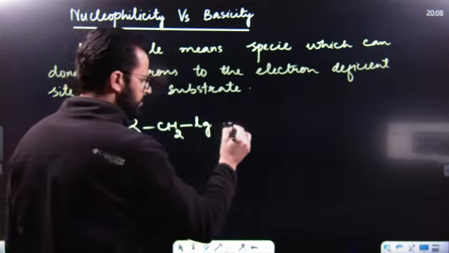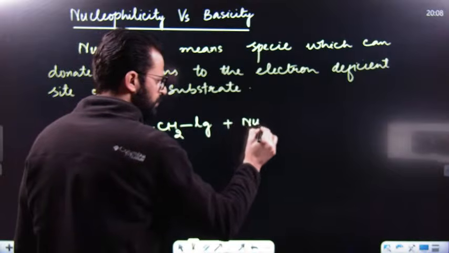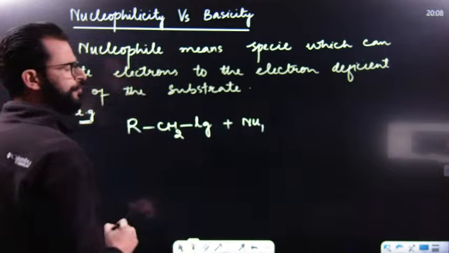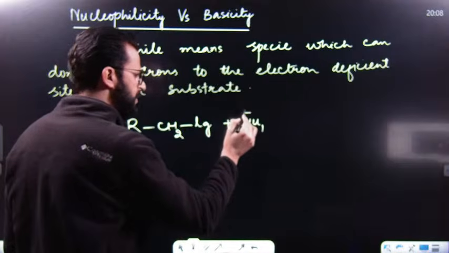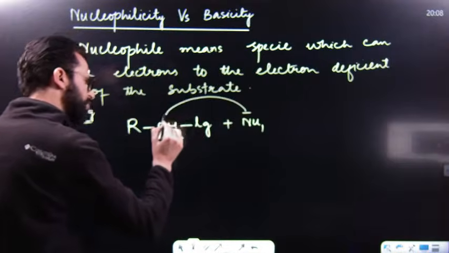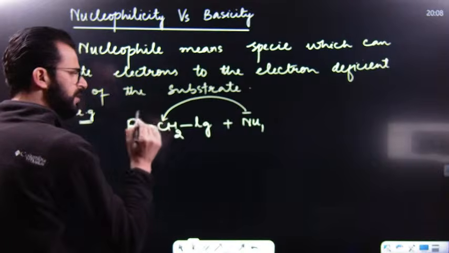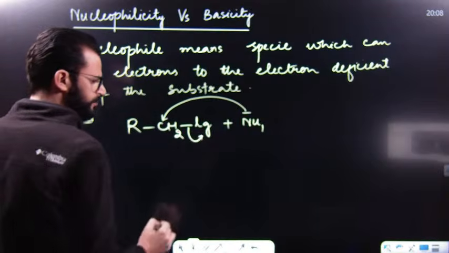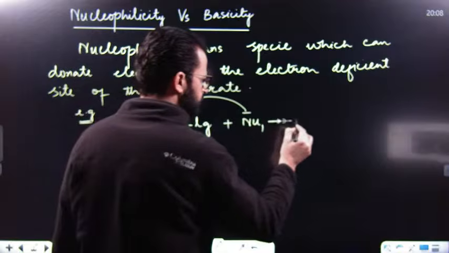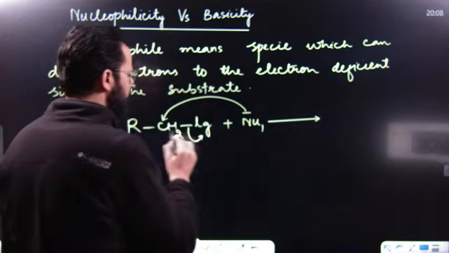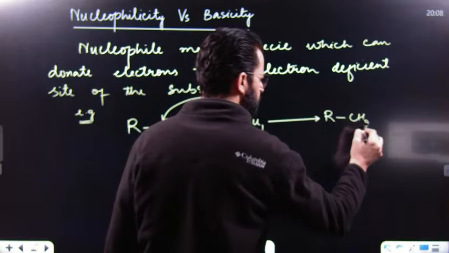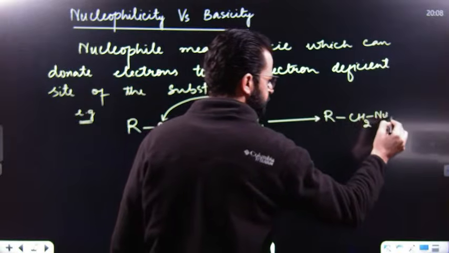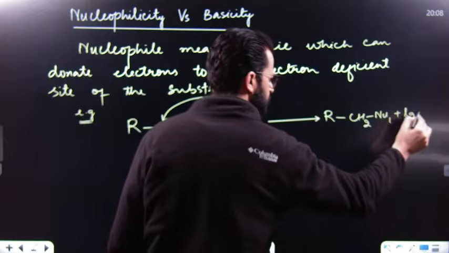Now, when you treat this with a nucleophile, say for example nucleophile 1, what will this nucleophile do? It will simply donate its electrons to the electron deficient site and here the leaving group will leave. Now, listen carefully. Let us suppose the leaving group leaves and it results in the formation of this one plus Lg.